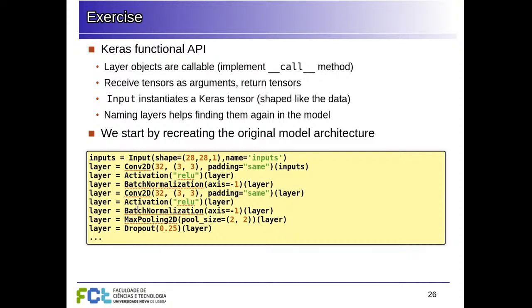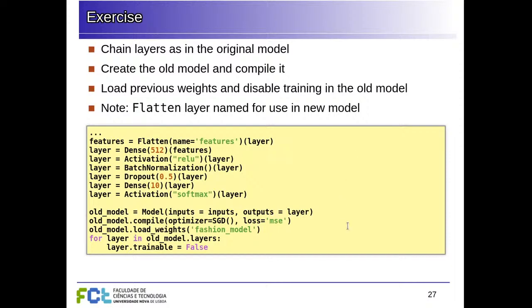But this functional way of connecting the layers gives us more flexibility to do different things. And this is what we're going to do here to solve this problem of classifying NIST with transfer learning.